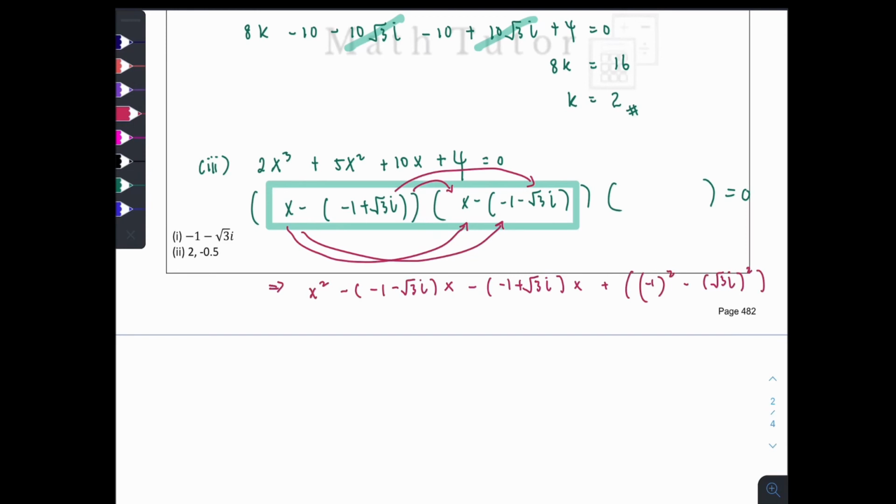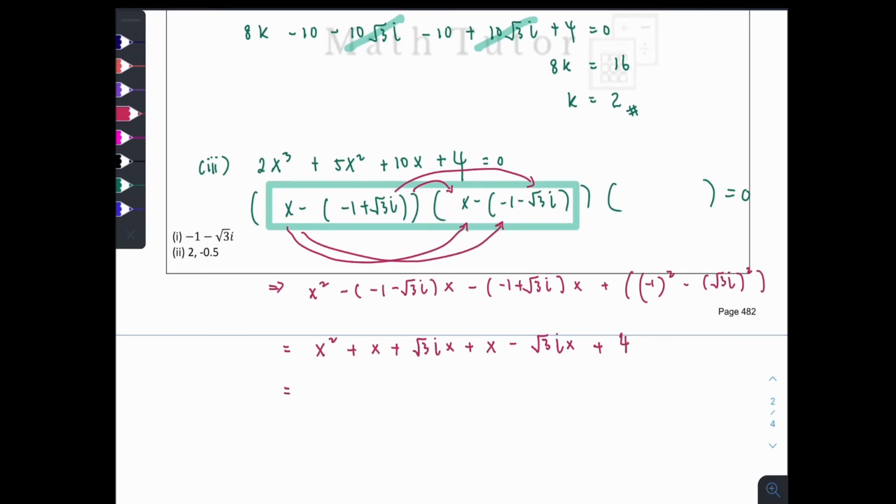And hence we will have x squared plus x plus square root 3i x plus x minus square root 3i x, and plus over here (-1) squared is a 1, minus (square root 3i) squared, it's 3i squared, and the i squared is a -1, therefore it becomes 1 plus 3, so it's a 4 here.